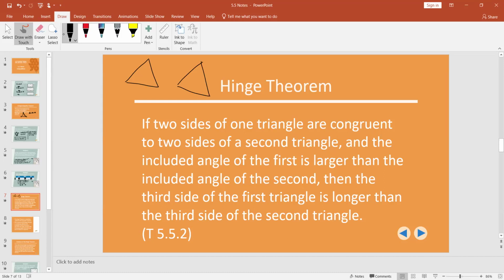And what they're saying is if two sides of one triangle are congruent, so if this side and this side are congruent, and this one and this one are congruent, but let's say this interior angle here is 30 degrees, and this interior angle is 45 degrees, then that means that the side opposite the 45 degree angle is longer than the side opposite the 30 degrees. This one would be the shorter of the two because 30 degrees is less than 45.